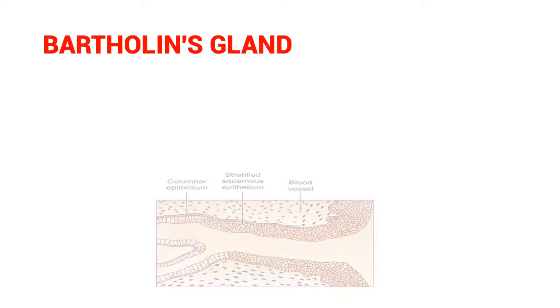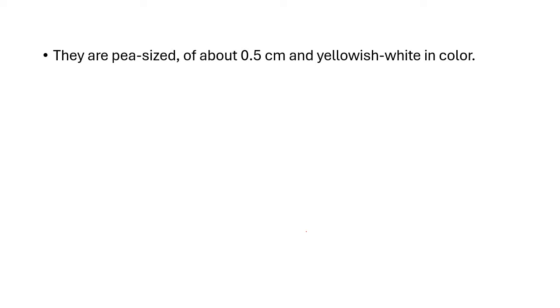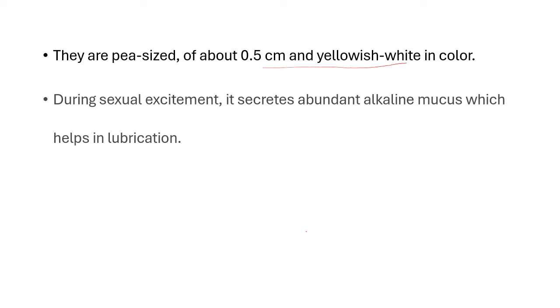Now Bartholin's glands. The Bartholin's glands are situated in the superficial perineal pouch, close to the posterior end of the vestibular bulb, lined by columnar epithelium. They are pea-sized, about 0.5 centimeter, and yellowish white in color.